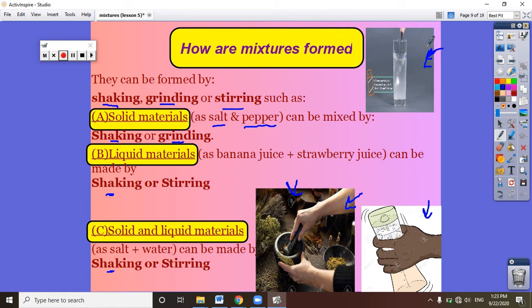Shaking and also stirring. So to make any type of mixture, we can use shaking. If the mixture is solid, we use shaking and grinding. If the mixture is liquid or solid-liquid, we can use shaking and stirring.